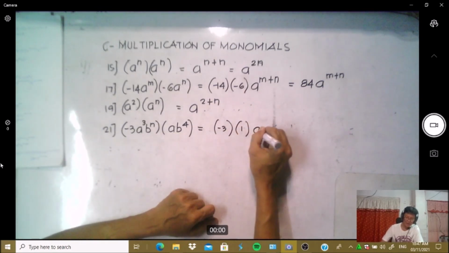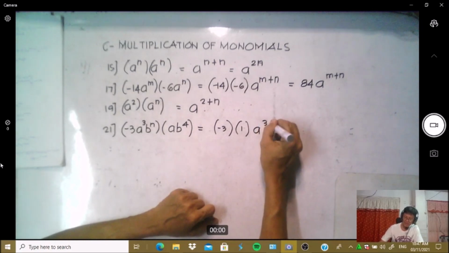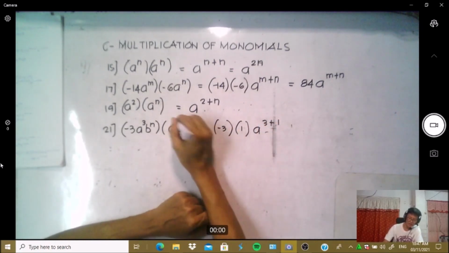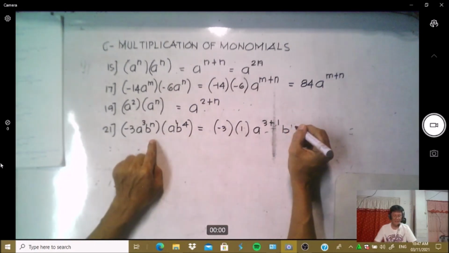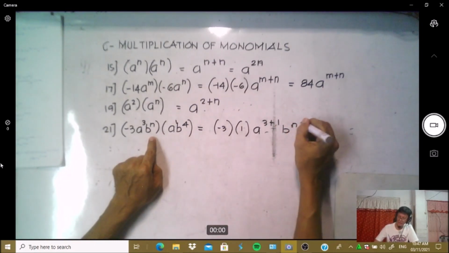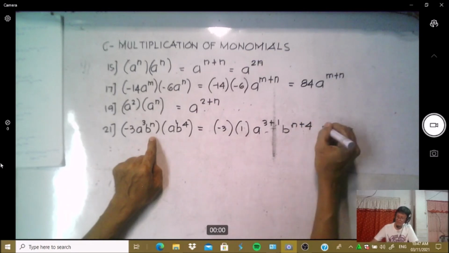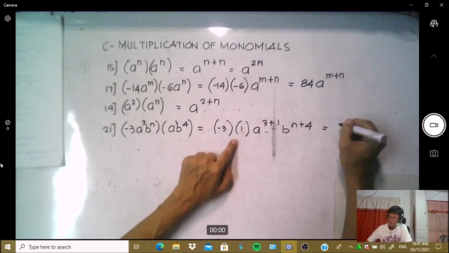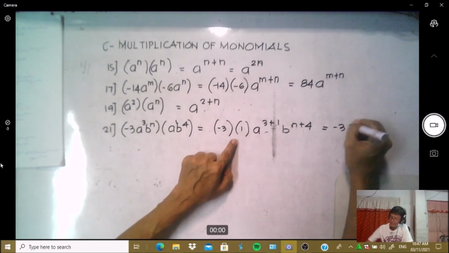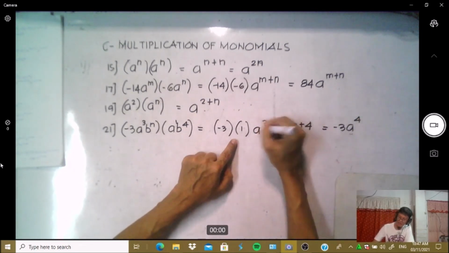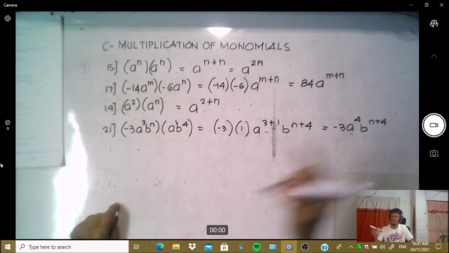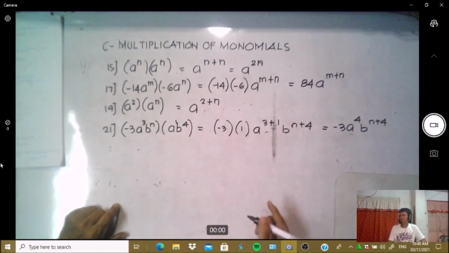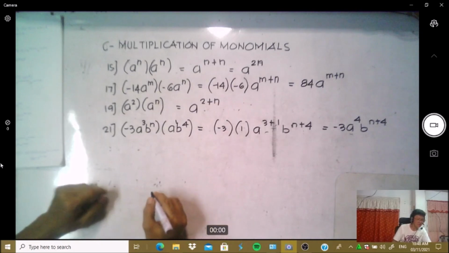Then we have A, 3 plus 1. So there is 1 here. Then B raised to N plus 4. Okay. So we have negative 3 times 1 is negative 3. A raised to 4. So we can combine this. However, for B, we have N plus 4 as our exponent. We cannot combine N and 4. So we have just to add it. N plus 4. That is for number 21.